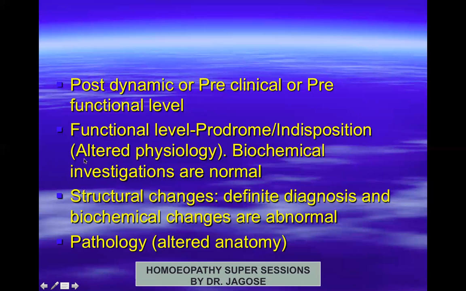Then the structural changes can be associated with the sycotic miasm or psoro-sycotic miasm, and the structural changes which are irreversible will come under the syphilitic miasm. So different expressions will tell you at what level the miasmatic influence is acting on the patient.